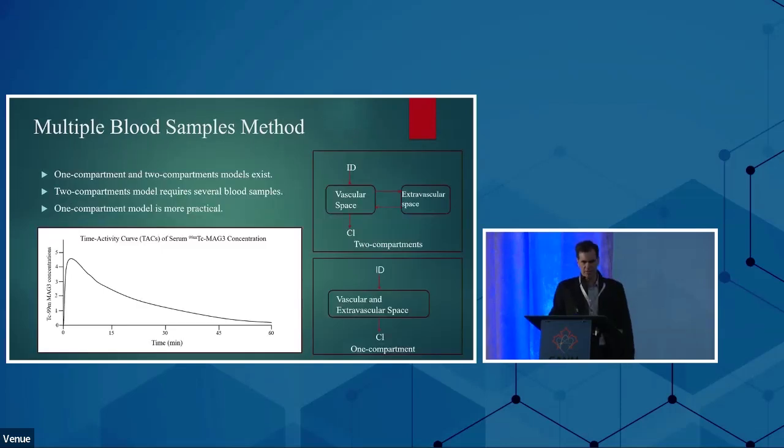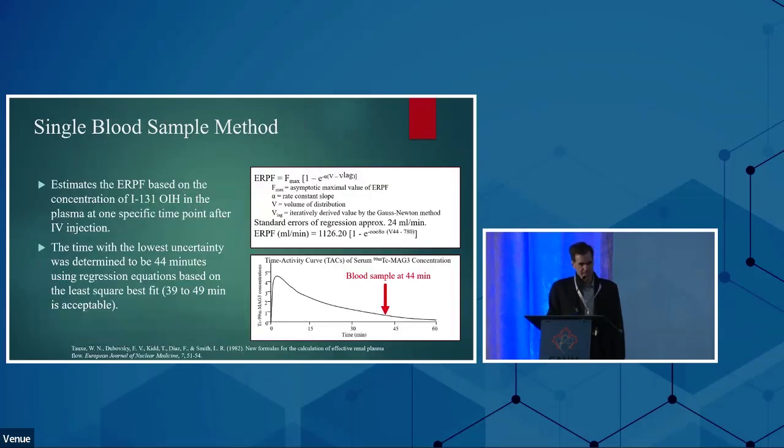So there's a multiple blood sample method, and this is very laborious as well, because it's obtained using multiple blood samples, and it's not the most practical method to use, but fairly accurate. The single blood sample method is done by measuring the activity in the blood sample.